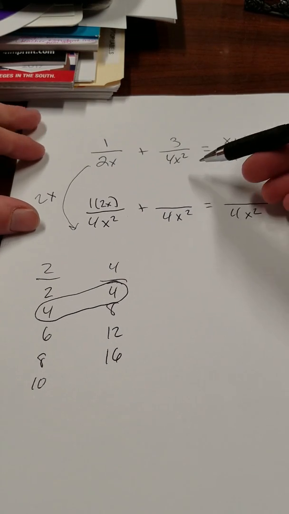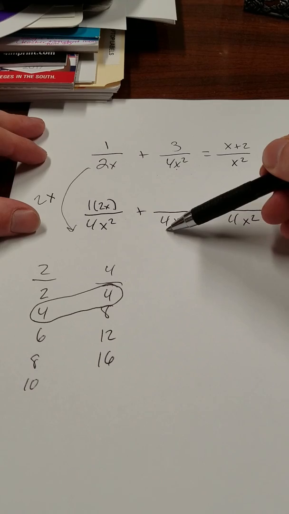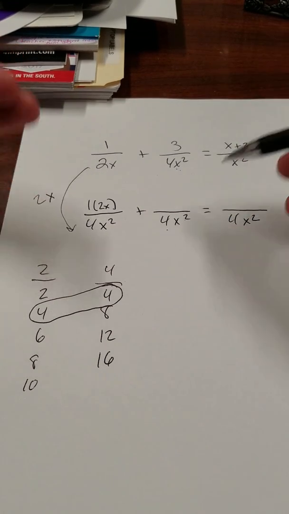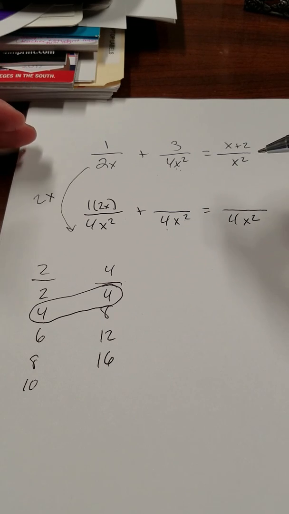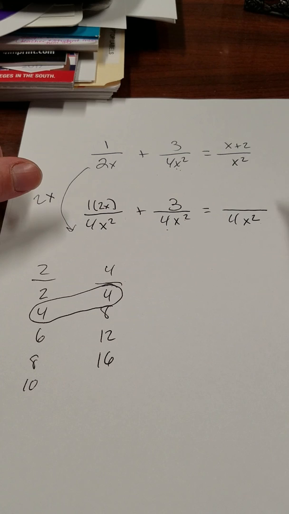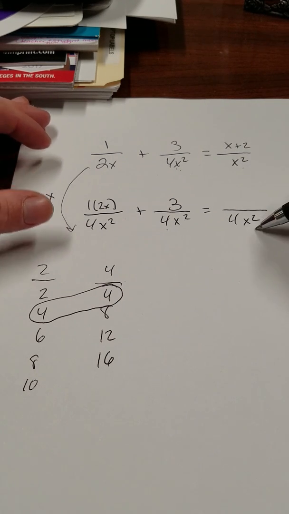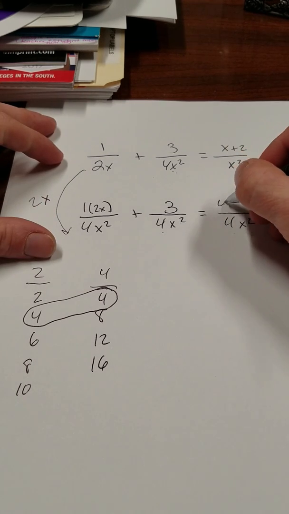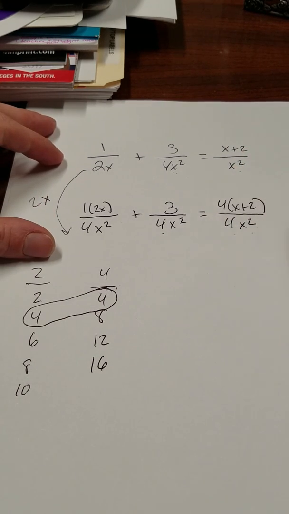All right? Looking right here, 4 to 4. Nothing. I don't need anything else. X squared, x squared. Everything's already there. There's nothing that needs to be put on top, needs to be multiplied out. So I just leave it at the 3. Here, x squared, 4x squared. Well, what did I multiply by on the bottom? Well, that 4. That 4 we did not have before, so I need to take the top, and I'm going to multiply it by a 4.